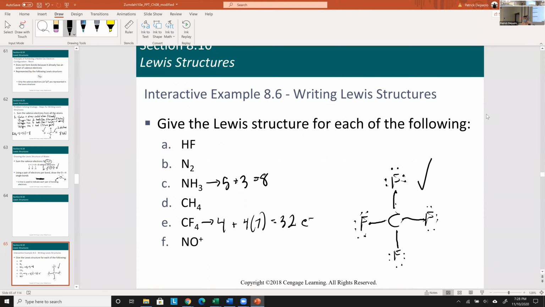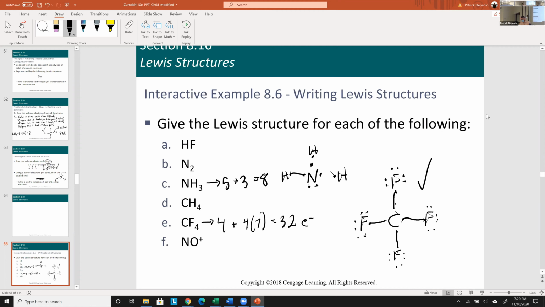So now, which one's going to be in the middle? Nitrogen, because hydrogen is never in the middle. So you draw your hydrogens around it. Now we can draw our electrons. Nitrogen's going to have 1, 2, 3, 4, 5. Each of our hydrogens is going to have 1. And you can imagine single bonds are going to form because hydrogens love single bonds.